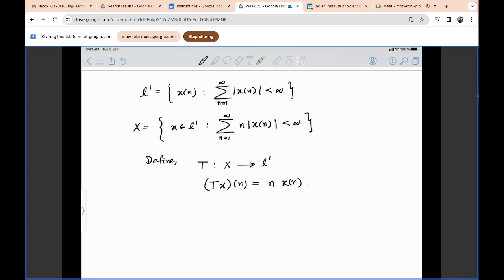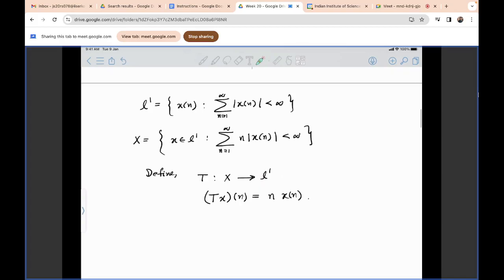Note why this is well defined. We are taking a vector from X and sending it to nxn. For every such element in X, the sum is finite, which means nxn is in L1. So nxn lies in the space L1, and therefore this is well defined.